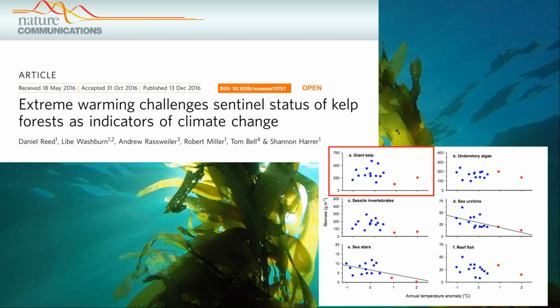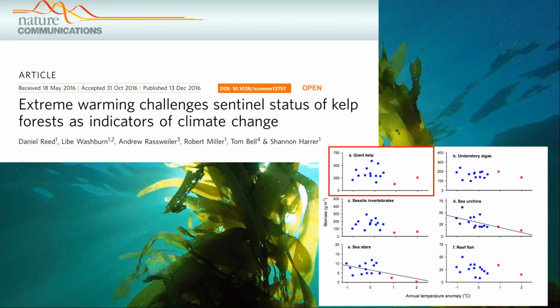But of course, we know that there's been a dramatic response by bull kelp in Northern California to some combination of environmental drivers over the last 10 years, but whether or not that was just a response to temperature is yet to be understood. So I think that remote sensing is an excellent tool for us to be able to parse out these environmental drivers that have impacted kelp beds in the Northern California coastline.